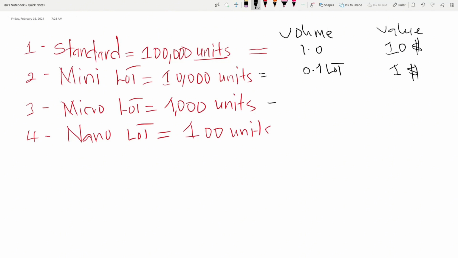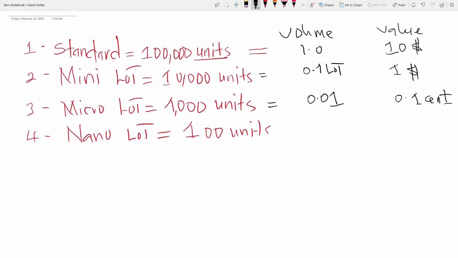For the micro lot, which is 1,000 units of base currency, you are controlling a volume of 0.01, okay? And if the market moves just by 1 pip, you are going to be making 1 cent. This is going to be a profit or your loss.